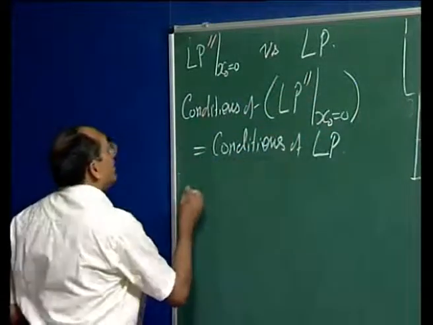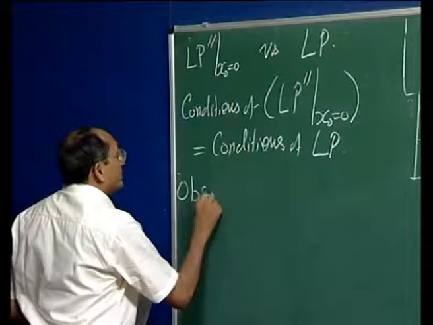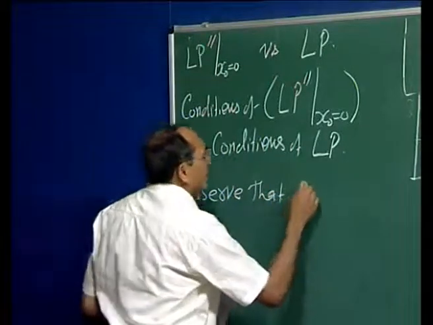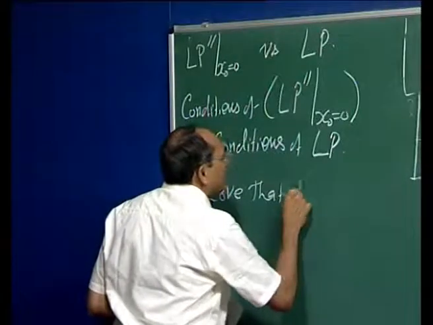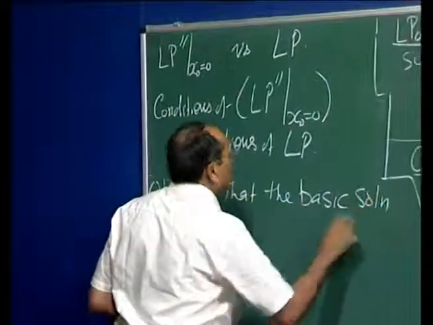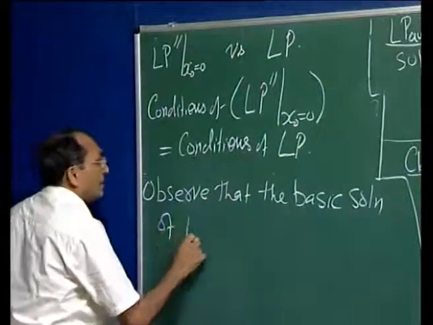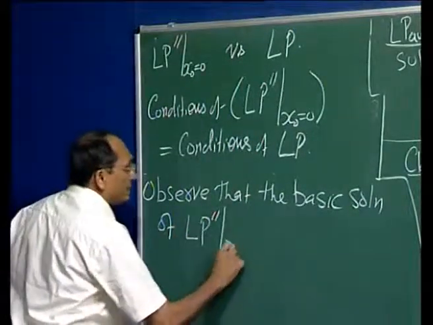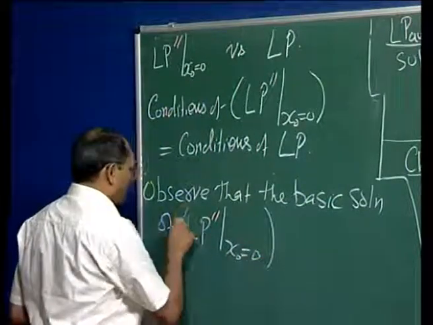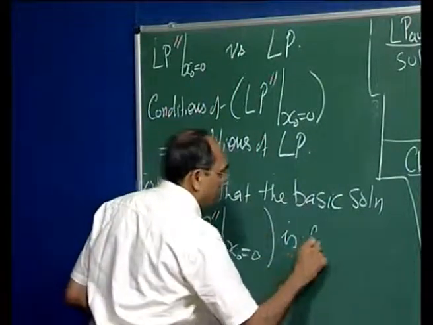So observe that the basic solution of LP double prime with x naught restricted to 0 is feasible.